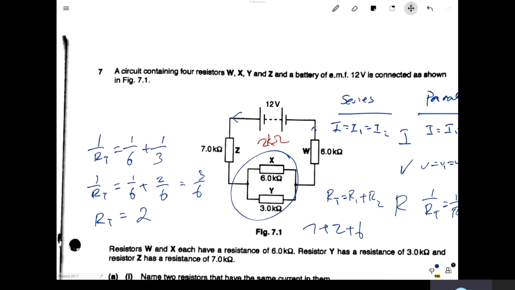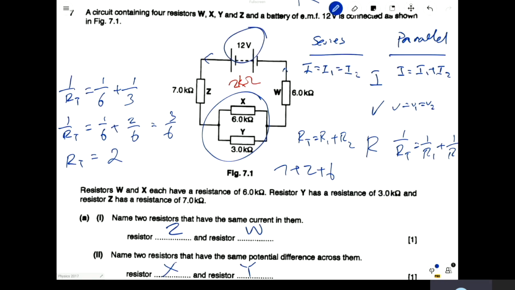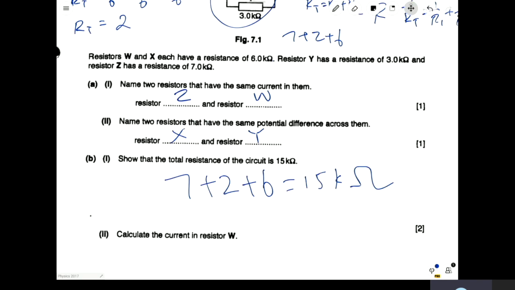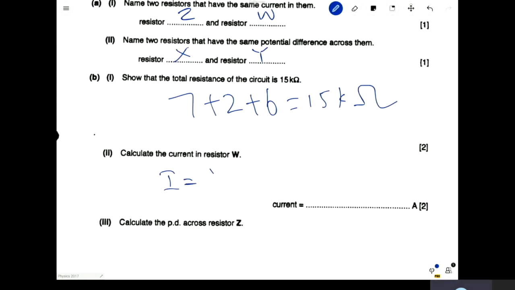To find current, V equals IR, so I equals V over R. Our V is 12, our R is 15. So I equals 12 over 15.